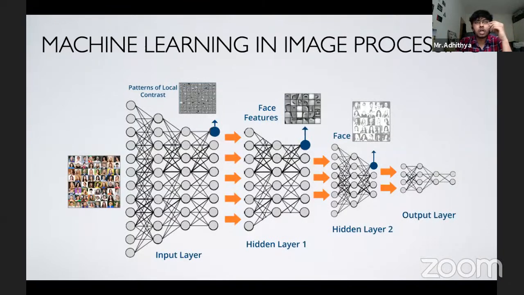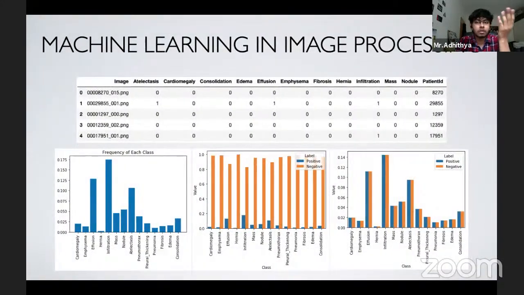There are different architectures of neural networks, which is a bit in depth. You can just go online and check it out. There are a lot of research papers. And this is just an idea of how the data looks for chest X-ray classification. You have different images, and you have different classes, which are the diseases.